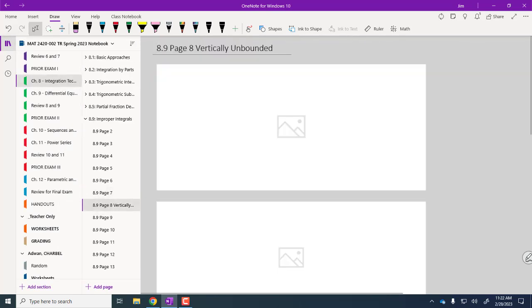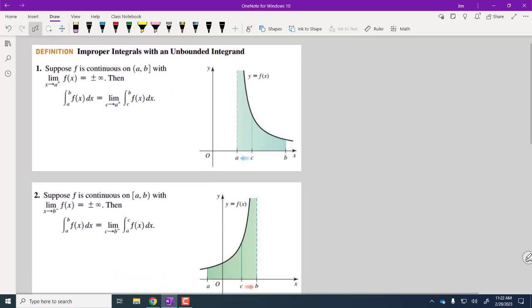Let's do vertical tails. So vertical tails act very similar to horizontal tails. The thing that's very subtle is that you don't see infinity in the limits of an improper integral that has a vertical tail.